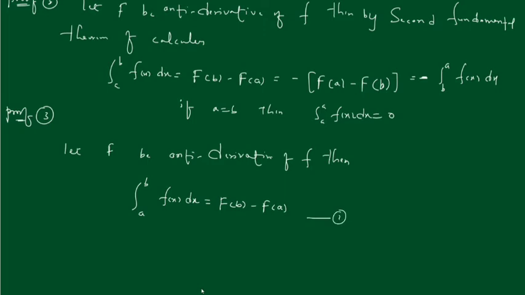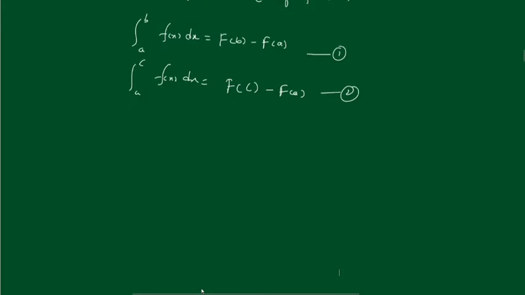Take it as equation 1. Integration a to c of f of x dx equals F of c minus F of a. Take it as equation 2. And integration c to b of f of x dx equals F of b minus F of c. It's equation 3.